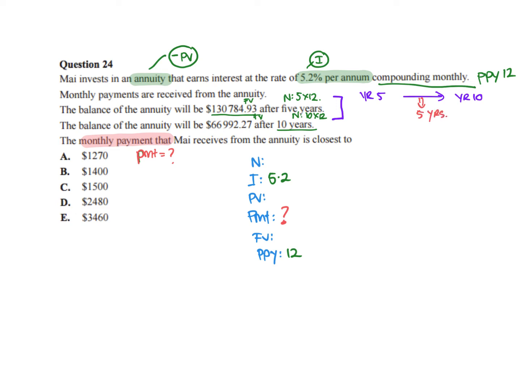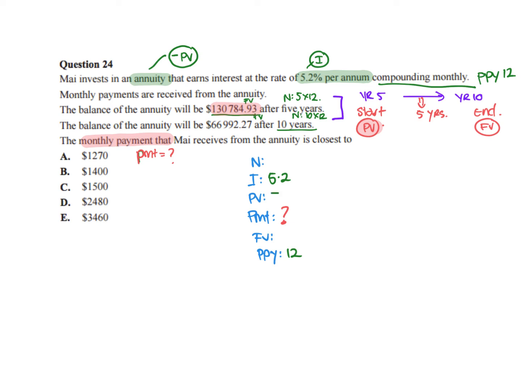So what we're going to do is pretend that this is the start and this is the end. So I'm going to use this as my final value, and I'm going to use this one as my initial value. So what I mean by that is up there in the question, this number here is going to be what I initially invest. So I'm going to pretend I'm investing that.